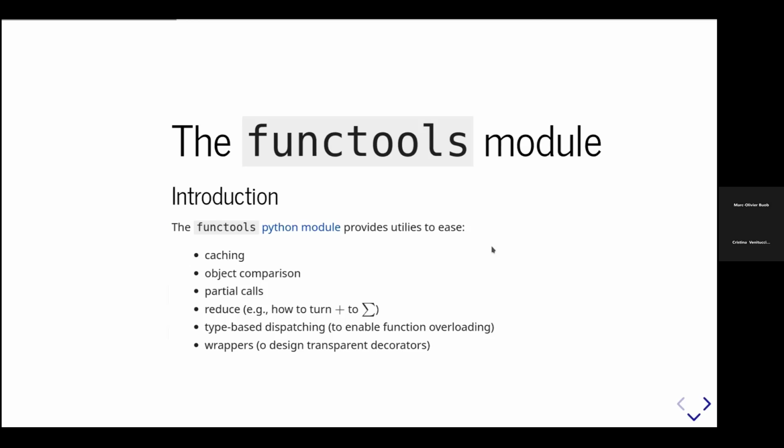For example, you want to transform the addition into a sum over an iterable. Type-based dispatching: this is something that doesn't exist natively in Python because there is no notion of polymorphism natively in Python. But here, thanks to type-based dispatching, you can more or less do so. And wrappers: this is a way to correctly write decorators.